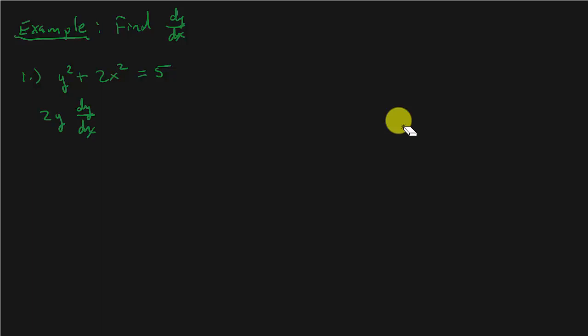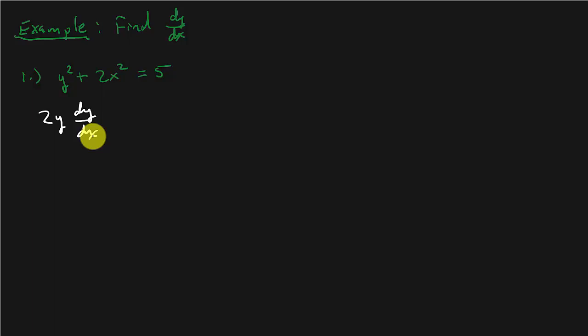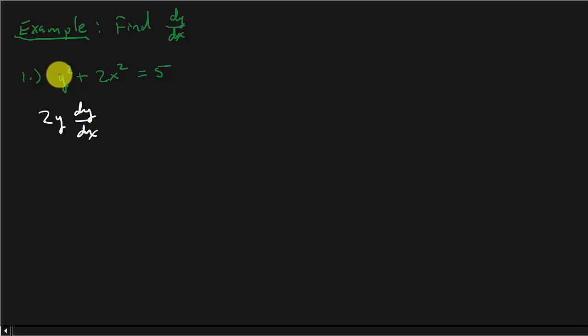I'm going to erase this and do 2y dy/dx in a different color. What's the derivative of y squared? 2y. And see how we took the derivative of a y term? So now you tack on that dy/dx. Then we've got plus 4x, since the derivative of 2x squared is 4x, equals, what's the derivative of 5? 0. The derivative of a constant term is 0.